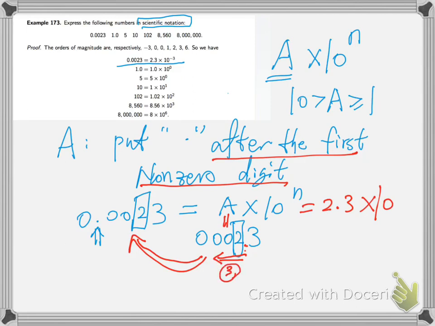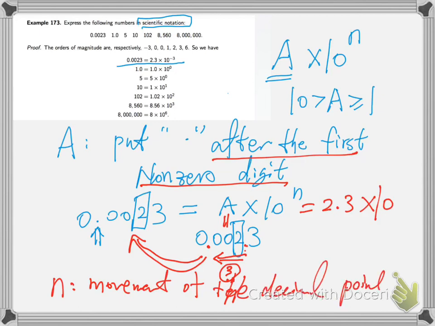Then we will get a new decimal point between the first two zeros. Then you will get the given number. So this number n is the movement of the decimal point in a. So if you move to the left, it's negative. If you move to the right, it's positive. So this is -3.